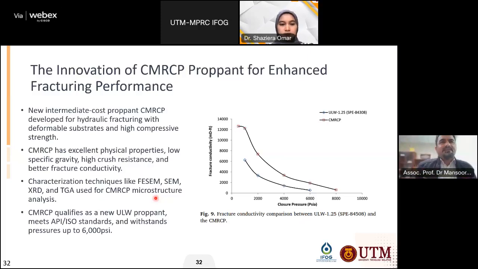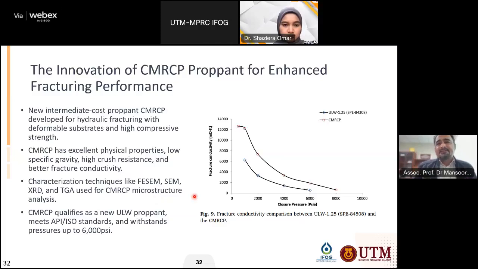In this project, we developed a proppant for hydraulic fracturing with deformable substrates and high compressive strength. It was excellent, of course. It has low specific gravity, high crush resistance, and also better fracture conductivity. We did characterization such as SEM, XRD, and TGA, and we also consulted several people about polymerization, surface modification, and other material properties.